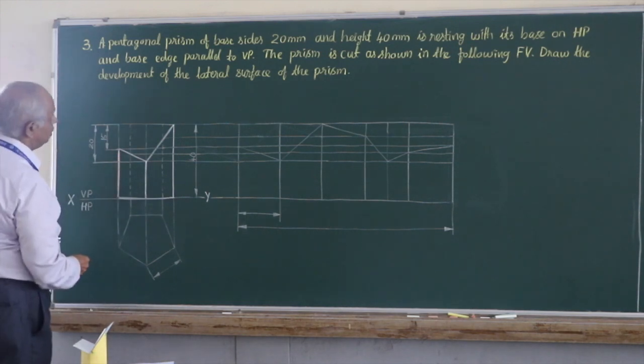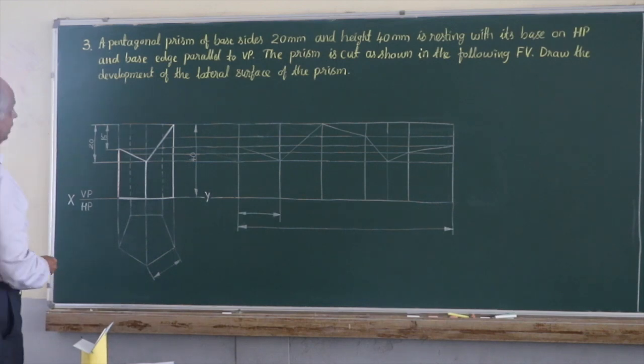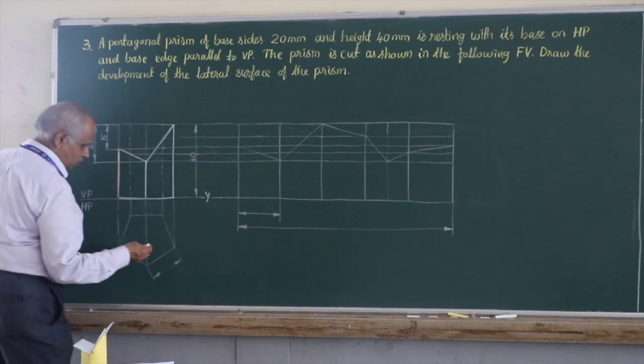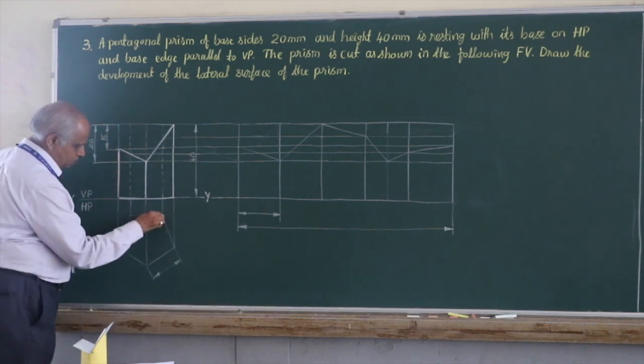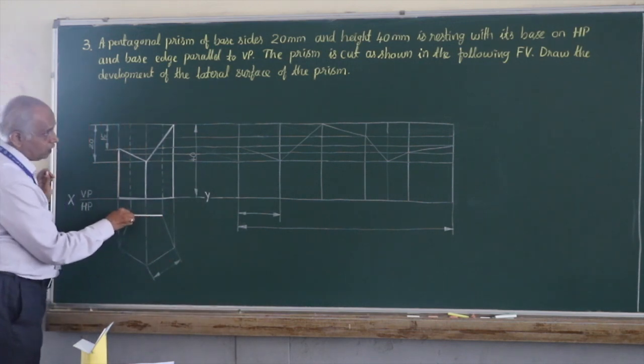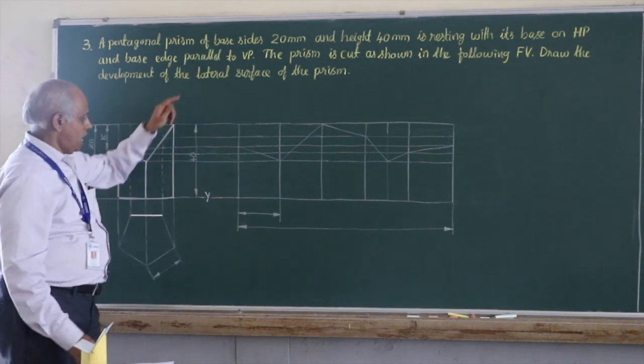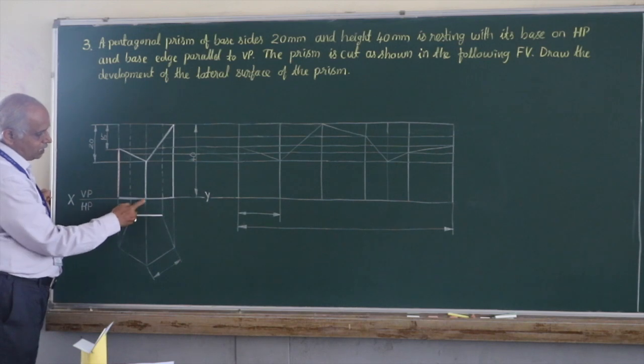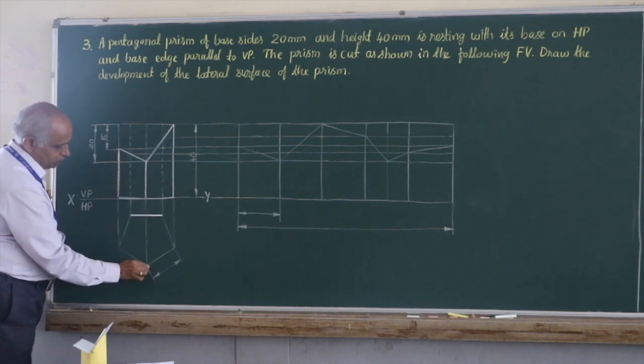So first of all, you need to look at this pentagon of 20 mm side. So draw a pentagon of 20 mm side with rectangle face parallel to VP and nearer to VP. By keeping this rectangle face parallel and nearer to VP, remember this edge is visible.